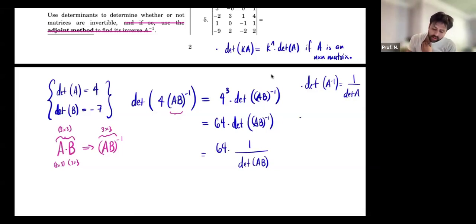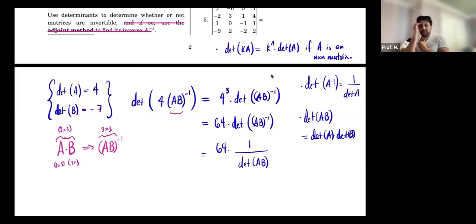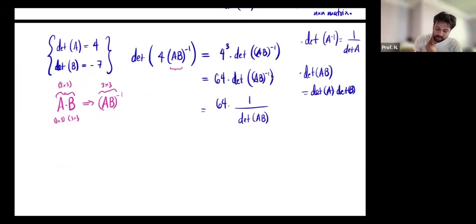But then we also know another property. The determinant of AB is equal to the determinant of A times the determinant of B. Right? We proved that. That's the one thing we proved last time. So we're certain that this is also true.